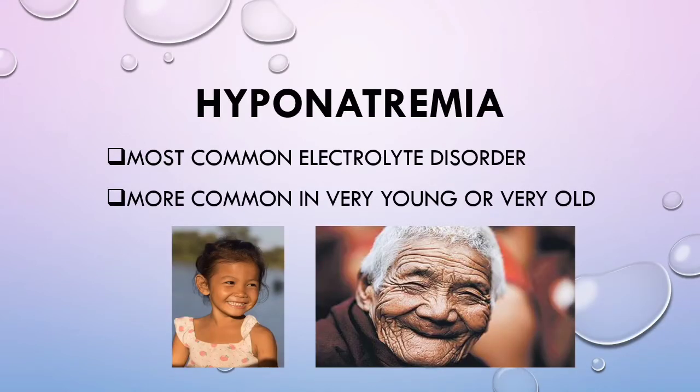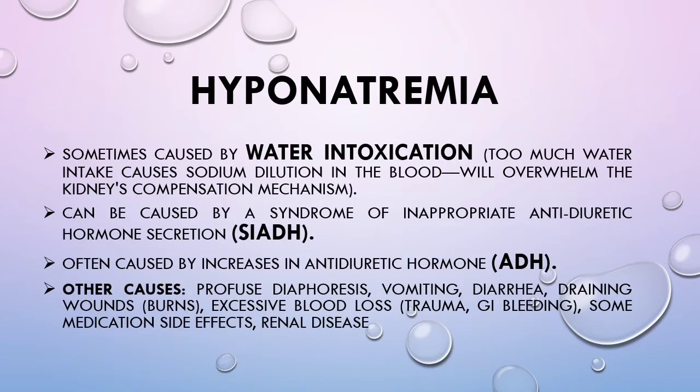Hyponatremia is the most common electrolyte disorder. It is more common in the very young or very old. It is sometimes caused by water intoxication, wherein too much water intake causes sodium dilution in the blood and overwhelms the kidney's compensation mechanism.